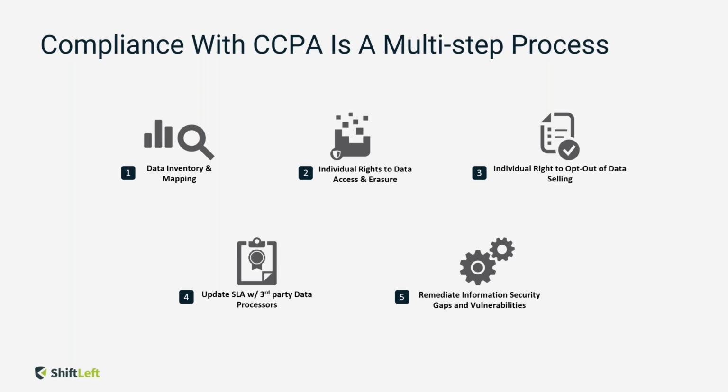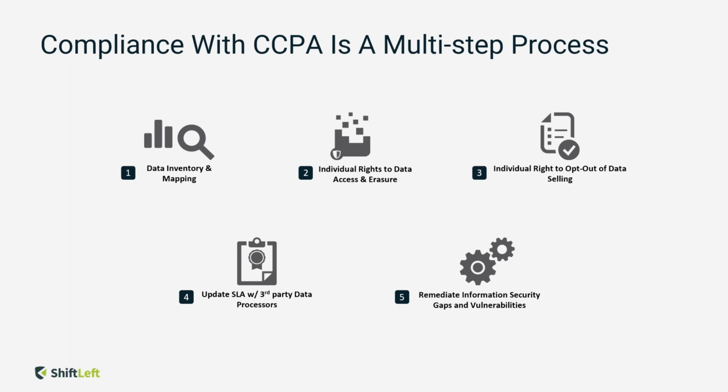And 4 is also when you work with third-party vendors, updating your SLAs with them, because if they are not compliant, then you're not going to be compliant, and the onus is on you to be compliant for your organization. And then step 5, as I mentioned, is remediating the gaps that you identify. So let's go by these steps one after the other.